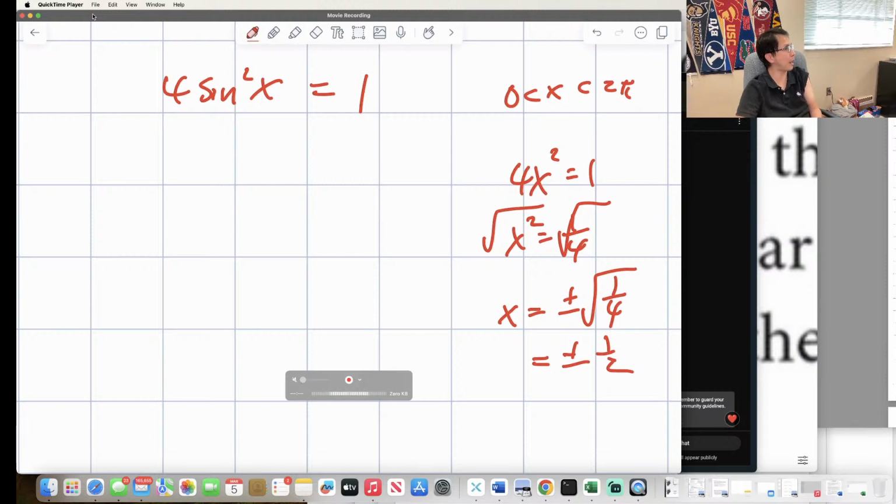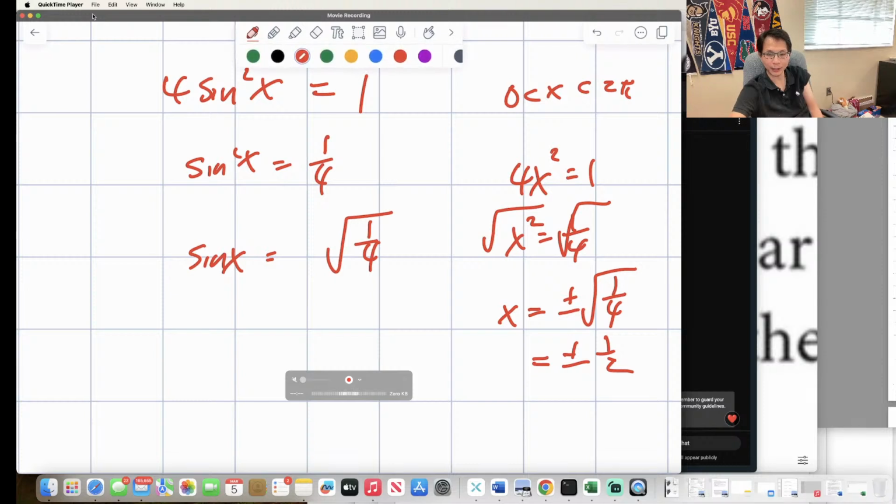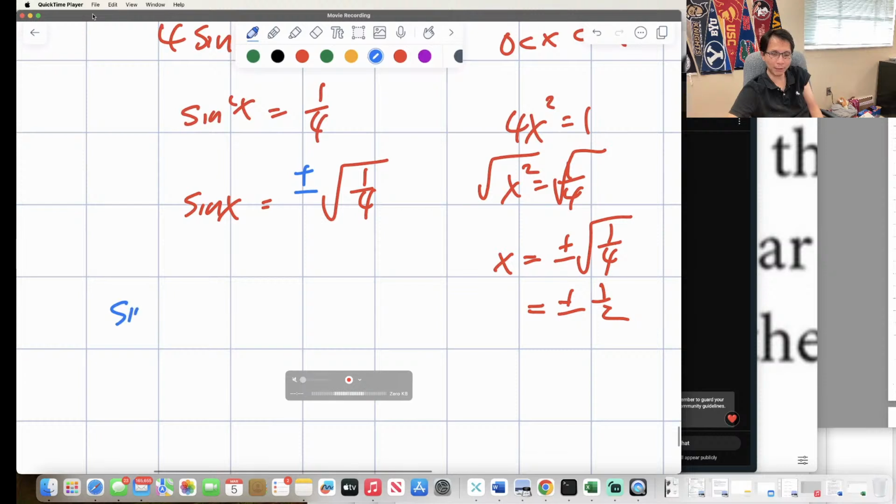You show 1 answer in algebra, but 2 answers in trig. Because sine squared of x is equal to 1 over 4, sine of x is equal to the square root of 1 over 4. Now, do not forget the plus minus because that matters. So sine of x equals 1/2 or sine of x equals negative 1/2.